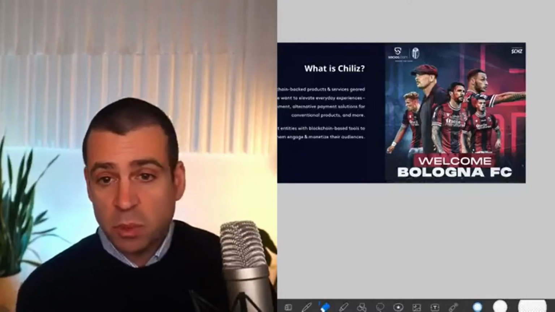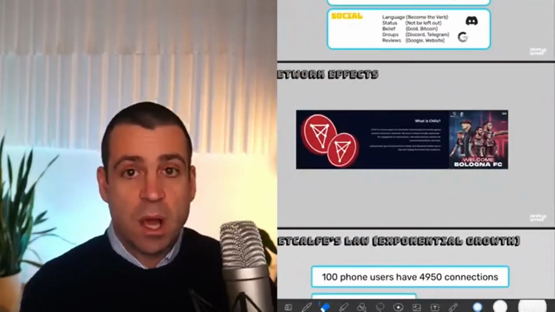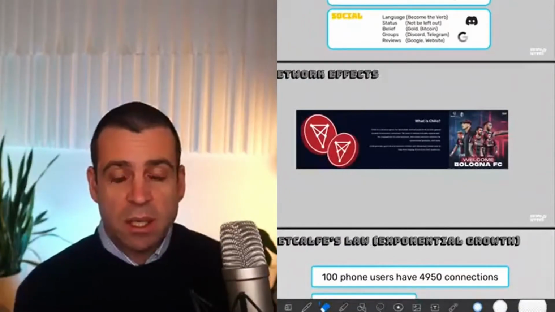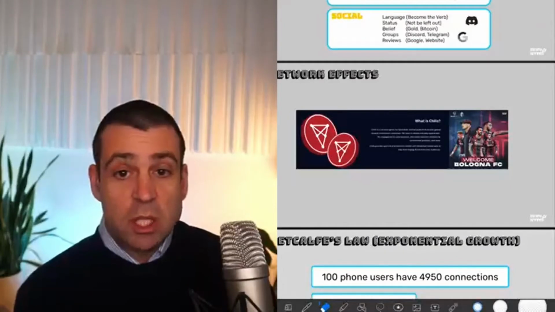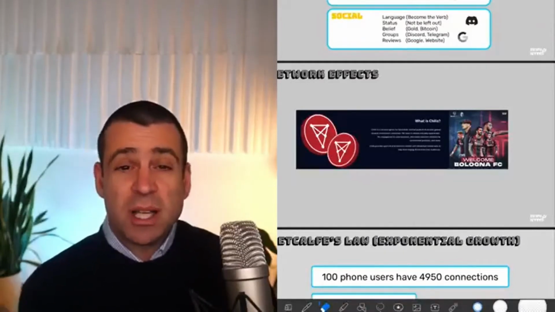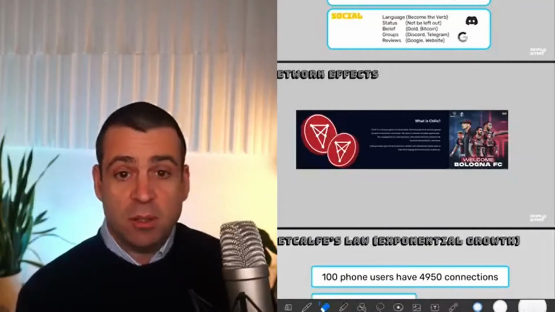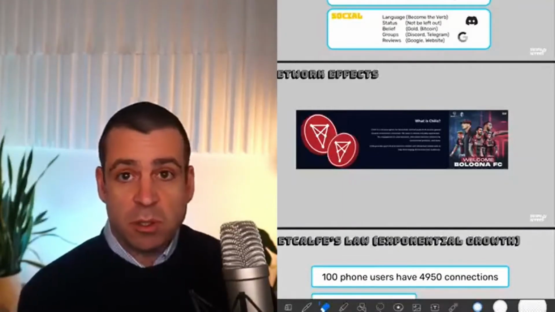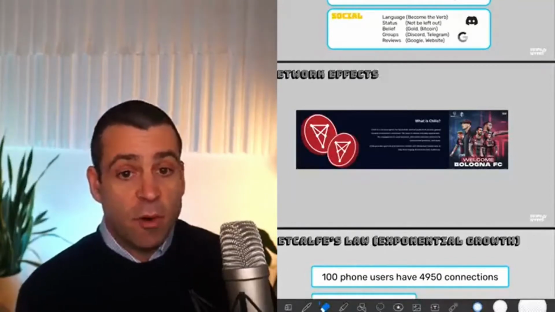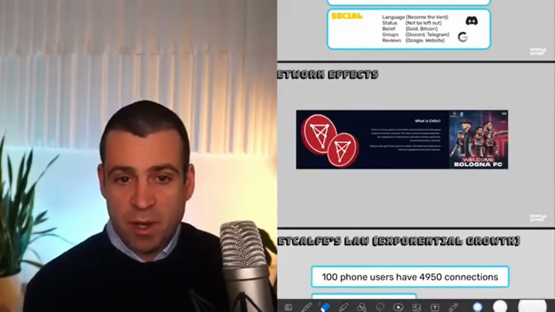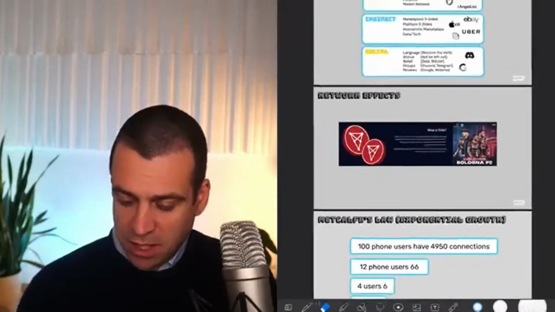So the interaction between the fans and the teams is tokenized. So it's a community. You interact with the community, you own part of the community, you are even more part of the community. And when they have to decide whether to pick this sponsor or that sponsor, or whether to take this color for the next shirt, they involve the community, which makes them very strong. And this is why I've invested in them.